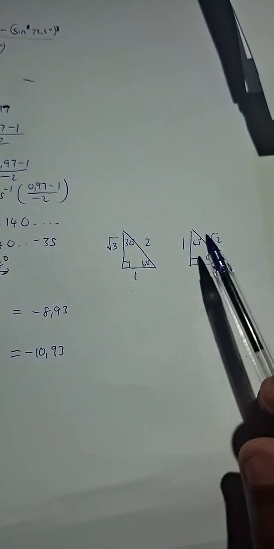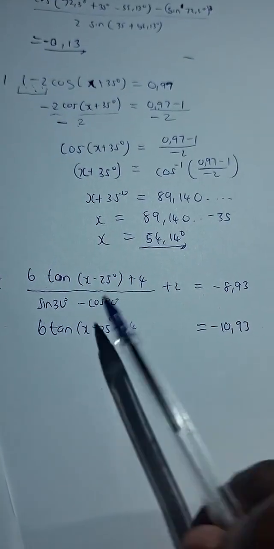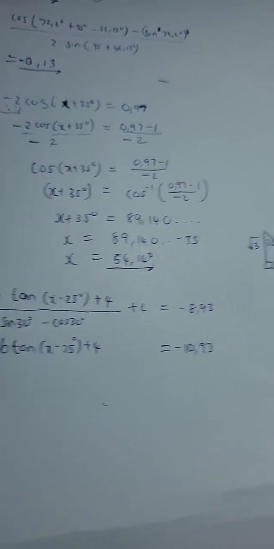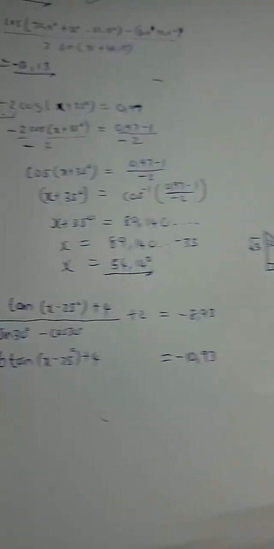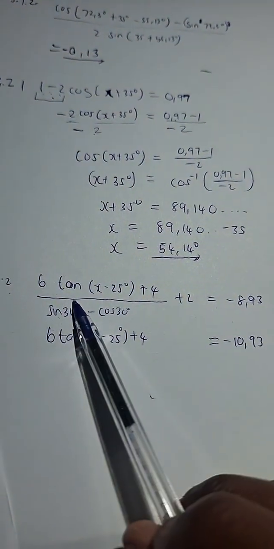And then of course we have the other right angle triangle with 1, 1, root 2, 45, 45. So these special angle triangles, we use them whenever sine 30 and cos 30 are in the mix, because 30 degrees is a special angle. Okay, so that means we can evaluate these angles.